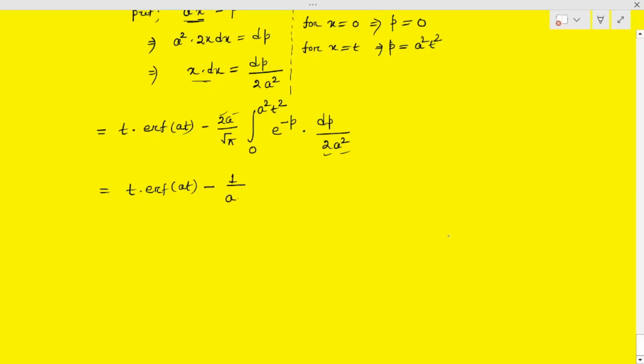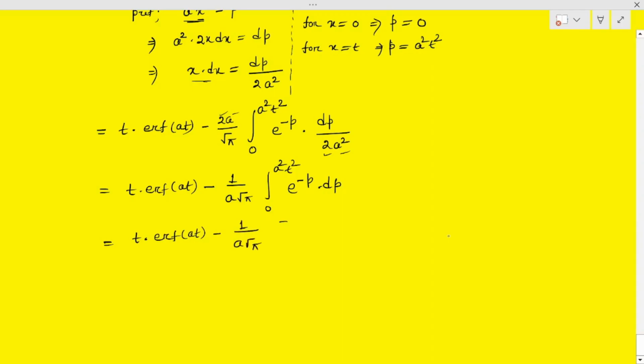So just write a into root pi, integration limits 0 to a square t square e to the power minus p dp. Now t into error function of at, minus 1 by a root pi is there here, e to the power minus p dp.